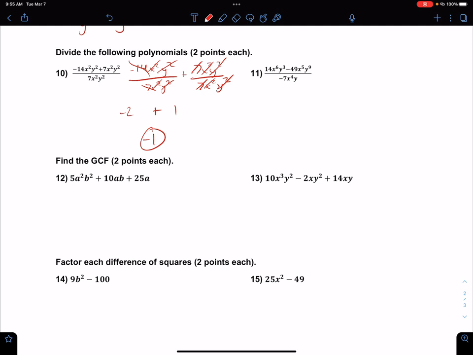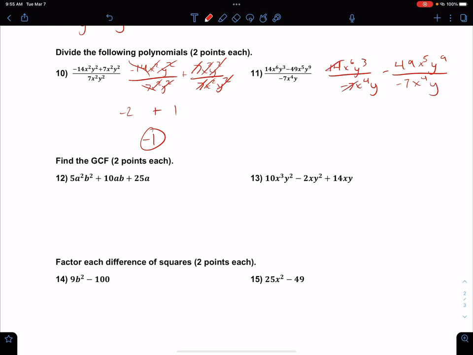Okay, then I will do this one. 14x to the 6th, y to the 3rd, negative 7x to the 4th, y, minus 49x to the 5th, y to the 9th, all over negative 7x to the 4th, y.